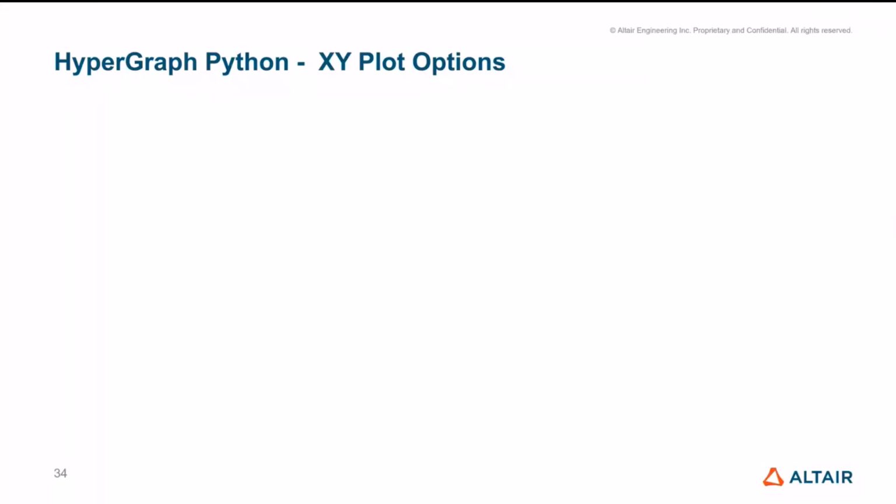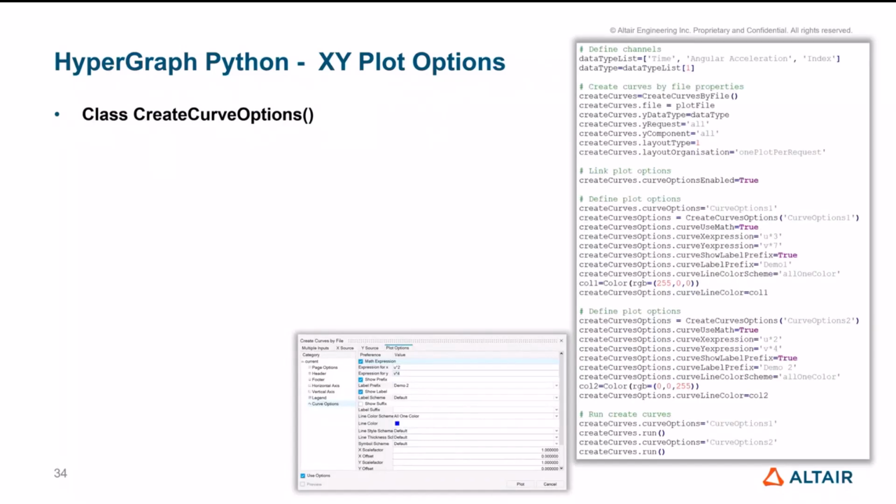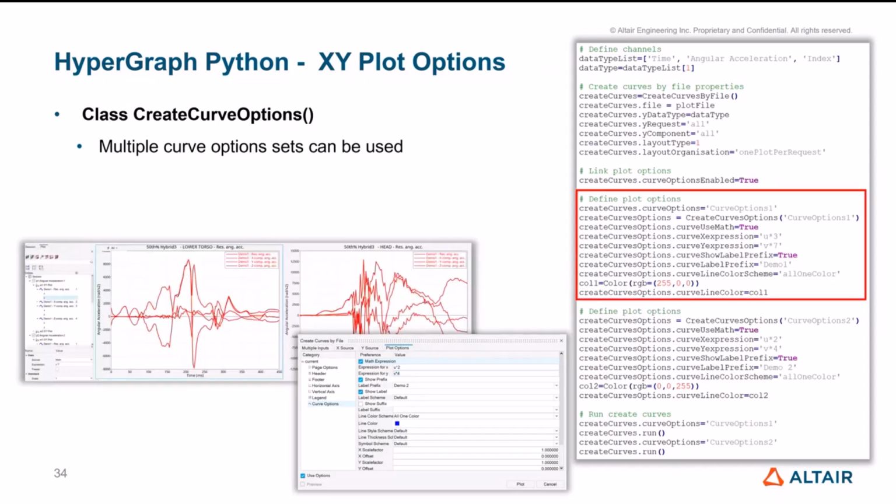Okay, then XY plot options also ask for. This is create curve options, a new class, and this will allow you to set the curve options when you plot. So multiple curve option sets can be created. If you think about the GUI, you have one, you set the options and do it.